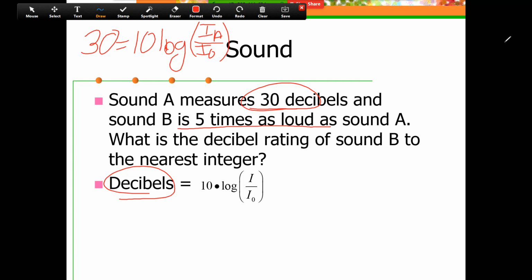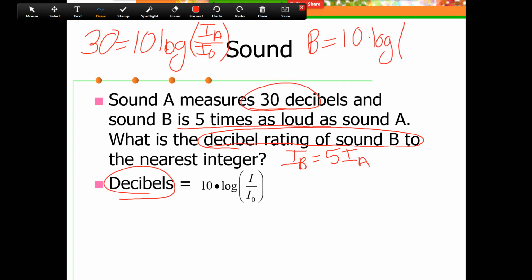So that means that the intensity for sound B is going to be 5 times the intensity of A. So we can make an equation for it, and we want to find the decibel rating for sound B. So we're going to let just a capital B be the decibels for sound B. So B is going to equal 10 times the log of the intensity of B, which is 5 times the intensity of A, divided by your standard intensity.